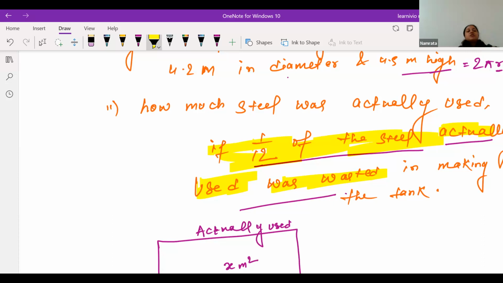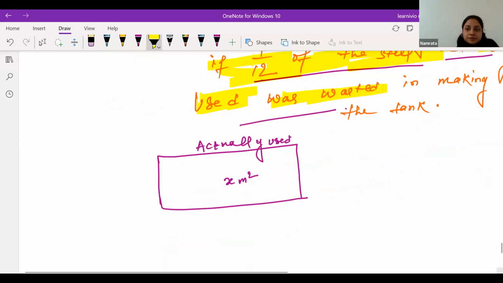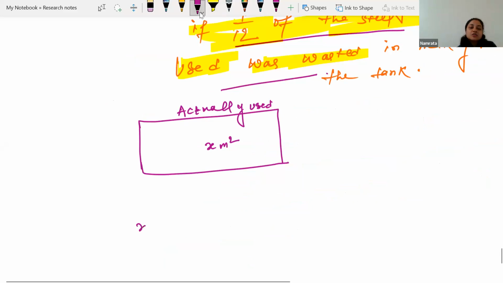Let me read if anything else is given in the question. No. So we just have to find how much steel was actually used if 1 by 12 of this steel actually used was wasted. So we will be taking, let's say, x meter square of steel I bought from the market. Out of this, how much is wasted? X by 12, this much is wasted.